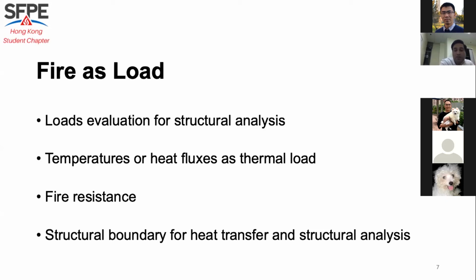Similarly, so that the buildings can react to the different kinds of thermal load, they will use temperature or heat fluxes as a thermal load, and they can do structure analysis, and they can find out how long this structure can resist such kinds of temperatures, and then they can perform the heat transfer analysis or structure analysis based on these thermal loads, which are applied based on this temperature achieved.